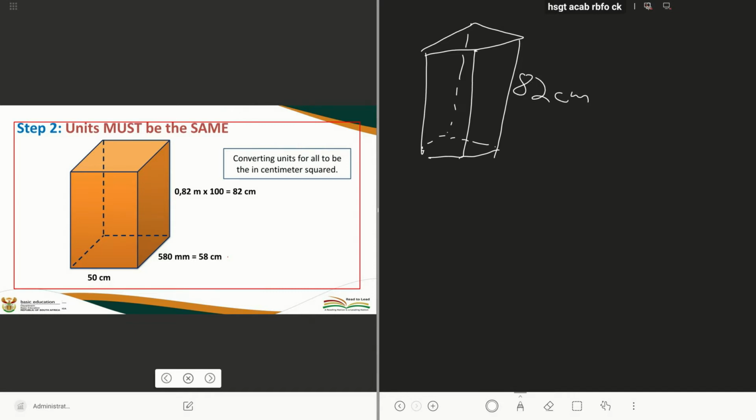We got this one, which is 58 centimeters, which is the length. And we've got the breadth, which is 50 centimeters. This one is given. But we converted this one when we were doing the operational method. Now we are using the formula method. We also converted this one.